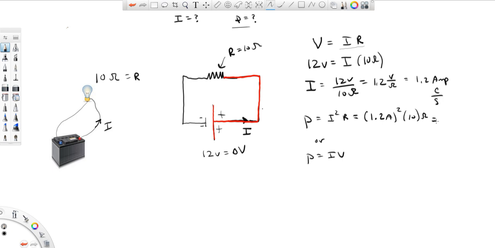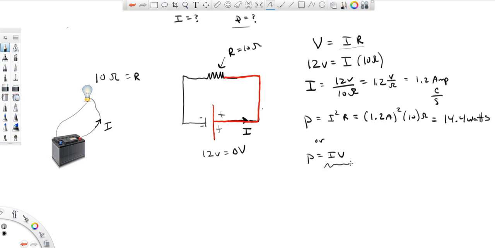And I get 14.4 watts, or 14.4 joules per second. I'm going to leave it as an exercise for the person watching the video to confirm. You should be able to take the current times the voltage and get the same value.